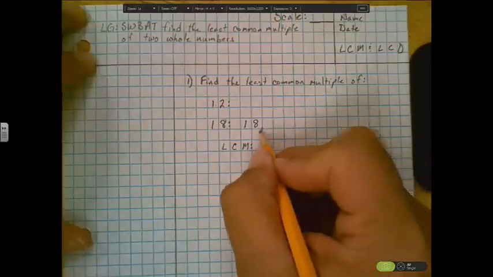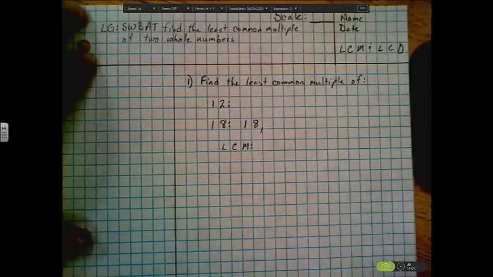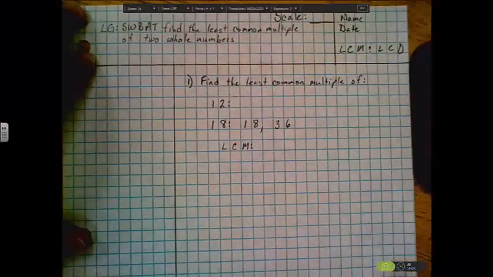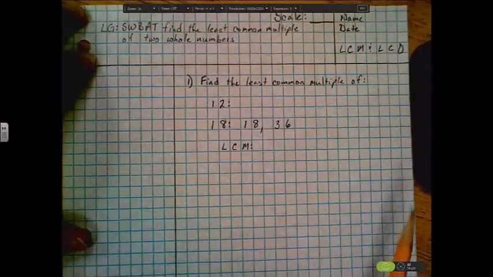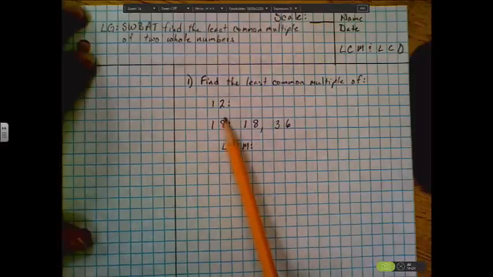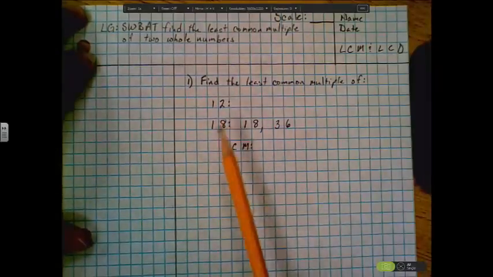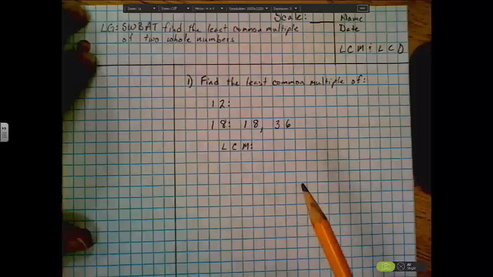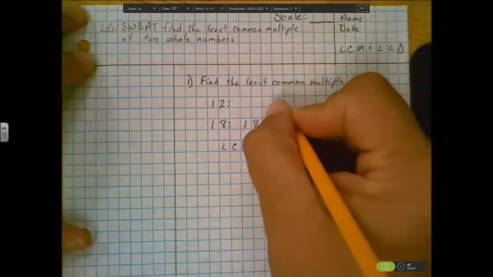So if we do 18 times 2, we get 36. And so now we're going to check, is 36 a multiple of 12? Well, we've already done 12 times 1 and 12 times 2, so let's look at 12 times 3. If you do 12 times 3, you'll see, yes, that is the same.